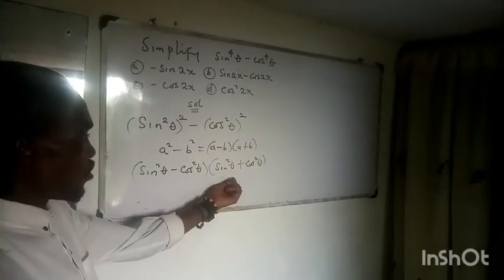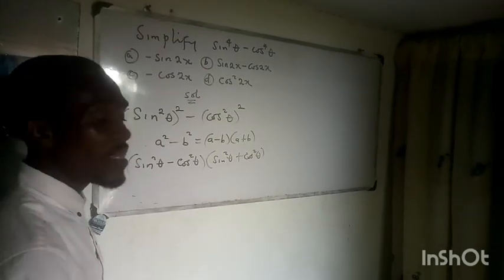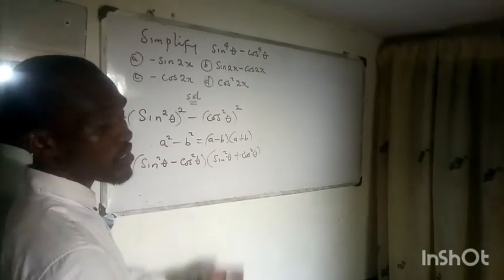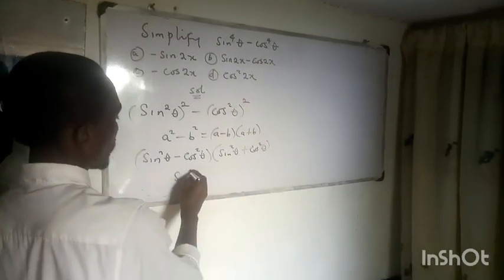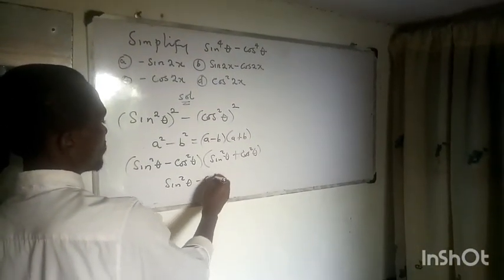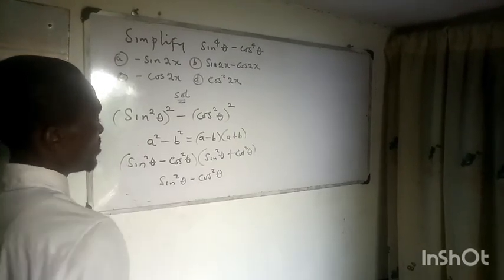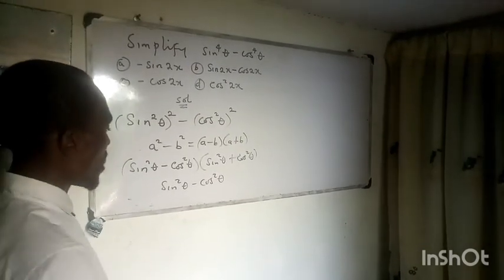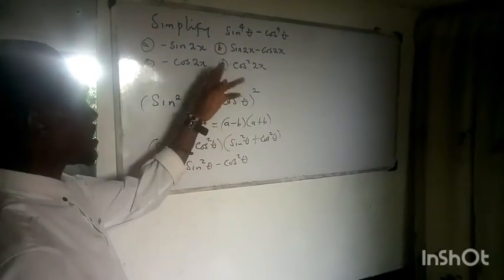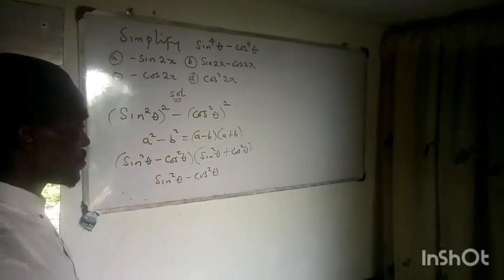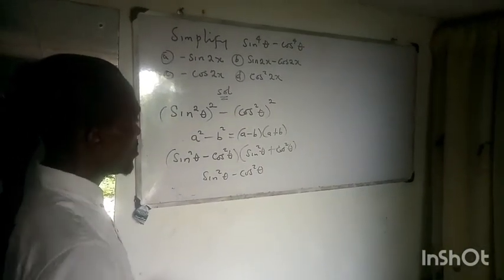Now, this is a well-known result in trigonometry, that this is just 1. So if that is 1, we have this as a resulting expression. So how are we going to do this now? It's not yet looking like any of the options, so we need to simplify further.